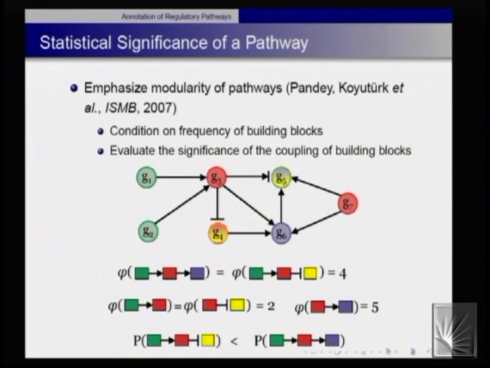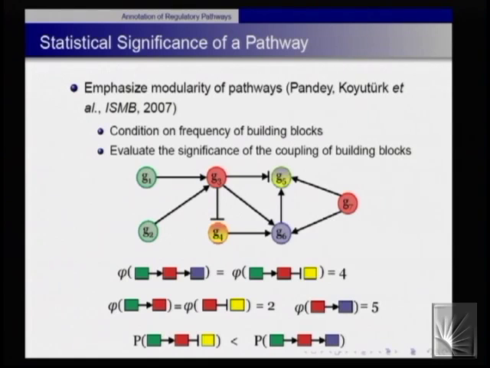But my claim is that this particular path, green to red to yellow, is more interesting than the green to red to blue path, because whenever we observe the green to red edge and red to yellow edge, they are always connected together.